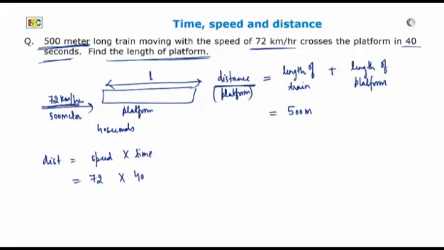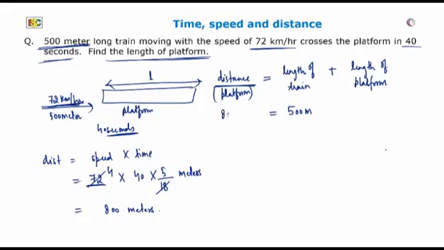Now speed is in kilometer per hour and time is in seconds, so we have to change the speed in meter per second after multiplying it by 5 upon 18. An answer will come in meters. Now we know 18 into 4 is 72, and this is equal to 800 meters.